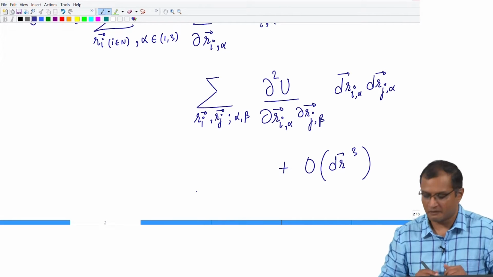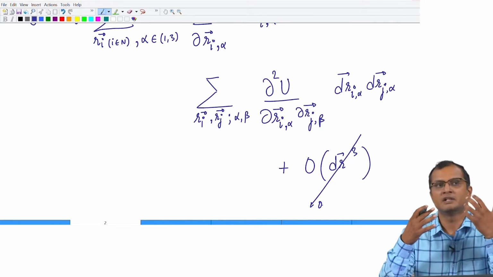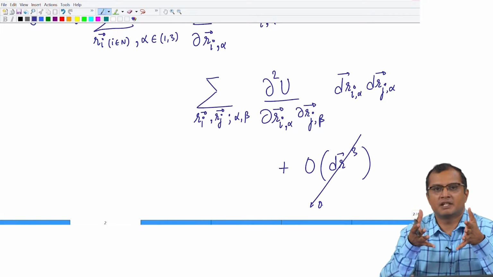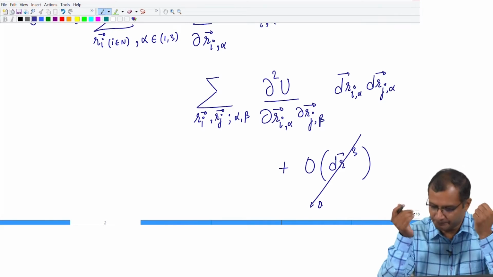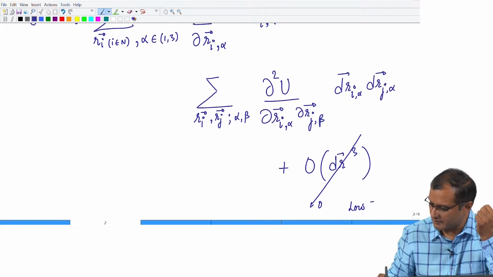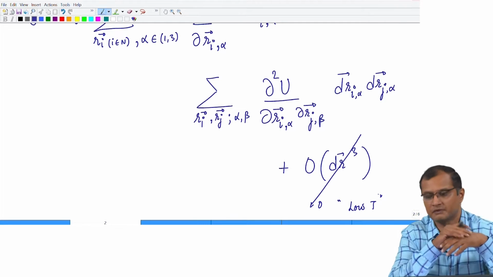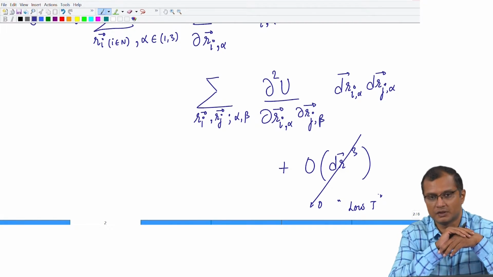Okay. We are considering displacements that are very close to 0 or displacements that keep us very close to the mechanical equilibrium. So, this is basically the low temperature approximation that my terms of the order 3 are going to be 0.